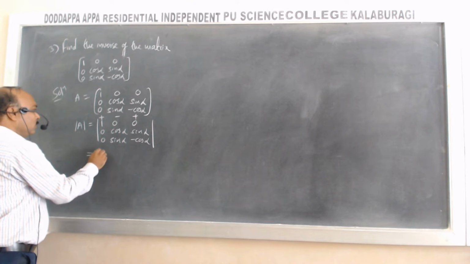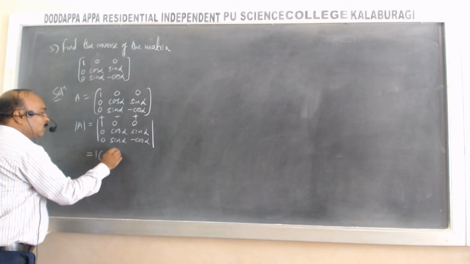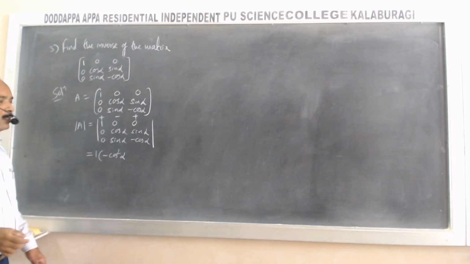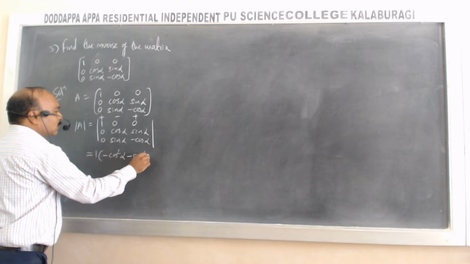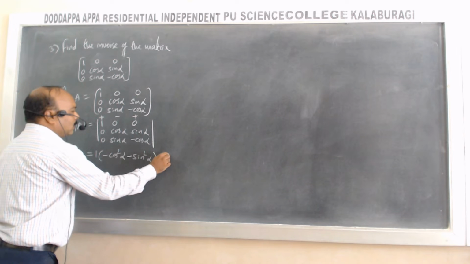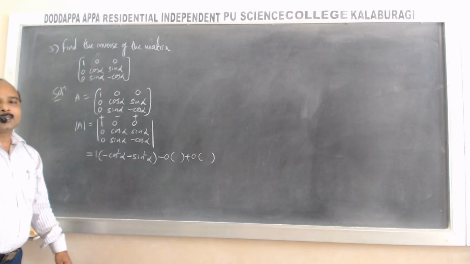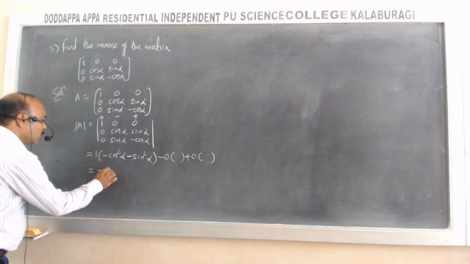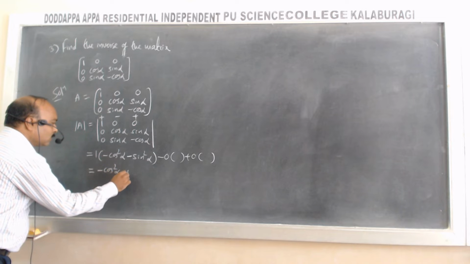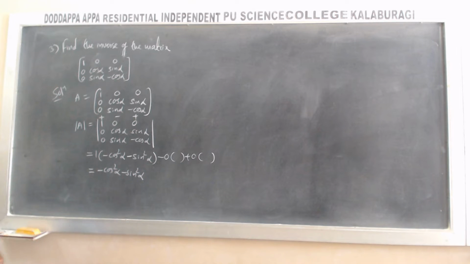First 1 into cos alpha minus cos alpha is minus cos square alpha, minus sin alpha into sin alpha is sin square alpha, minus 0 into a number is 0, plus 0 into any number is 0. Now we get minus cos square alpha minus sin square alpha. So this is the determinant of A.